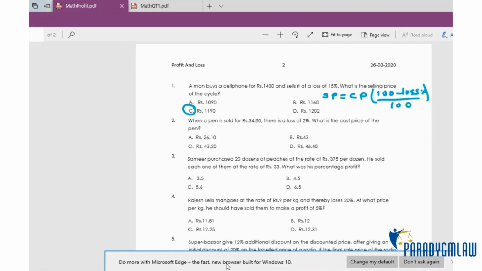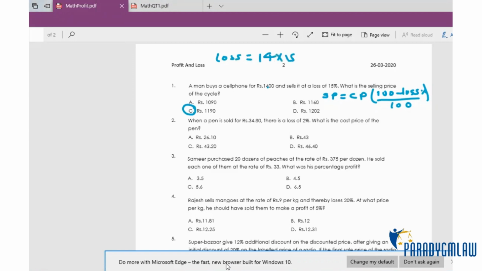Also, what you can do is find 1%. What is 1% of 1400? It would be 14, just moving the decimal point two places. So 14 into 15 is the loss.